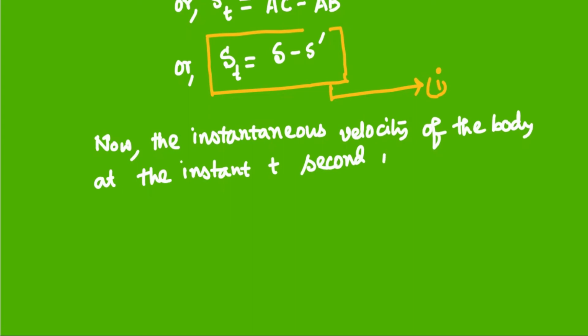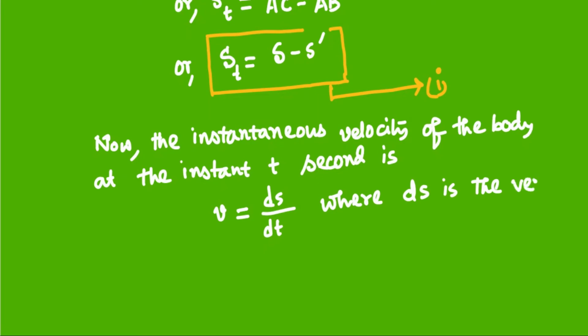T second means the general time. The instantaneous velocity of the body at the instant t second is given by v equals ds by dt, where ds is a very small displacement of the body.